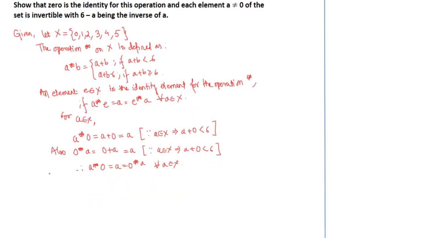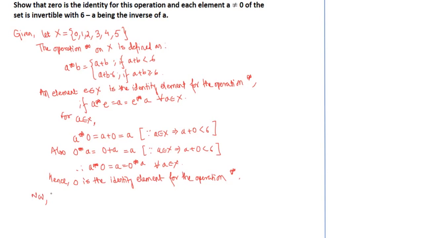Hence we can say clearly that 0 is the identity element for the operation star. Now after finding out it is an identity, we need to find the inverse of a, which we need to show is equal to 6 minus a for all a that is not equal to 0. So let's start now.